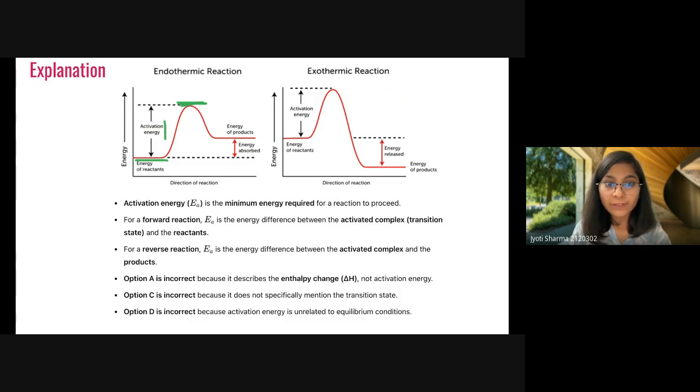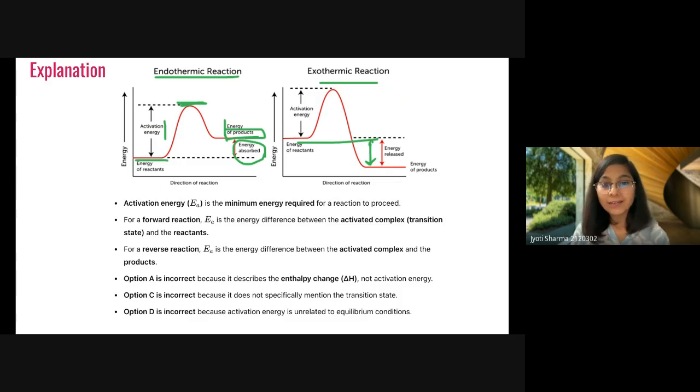And then some product will be formed, and whatever energy the product will have is known as the energy of the product. Okay. And in the endothermic reaction, because we need some energy, this is the energy absorbed. And for the exothermic, some energy is released, so here this much energy will be released.